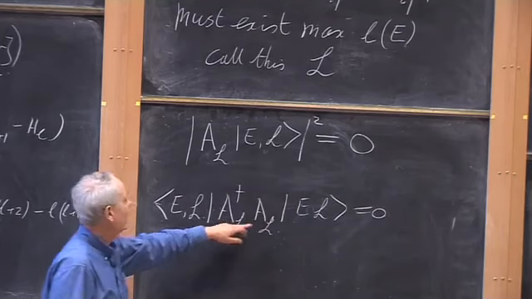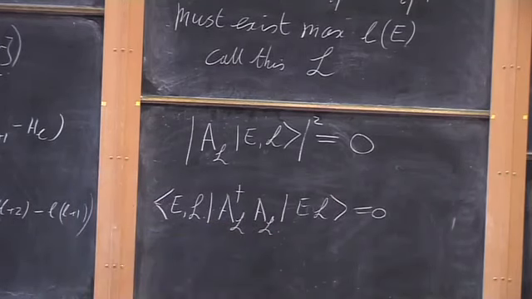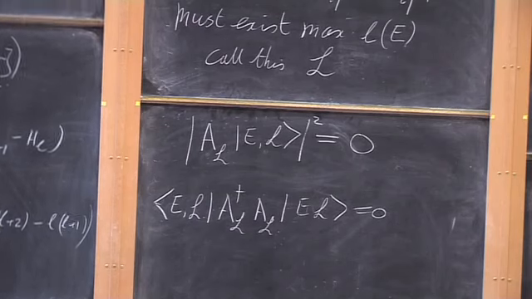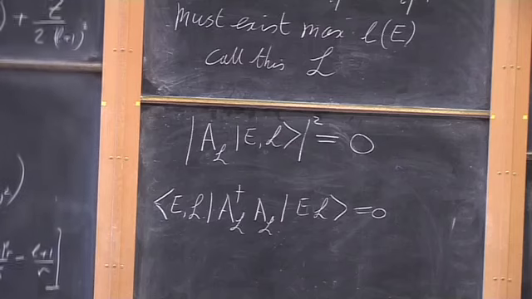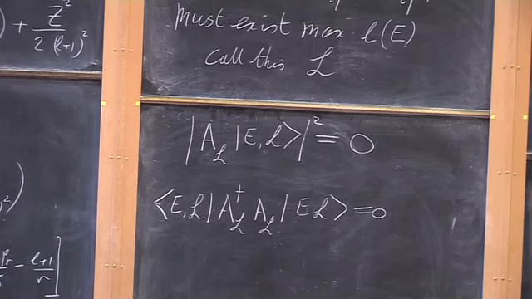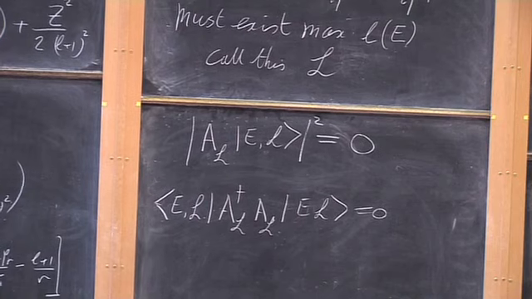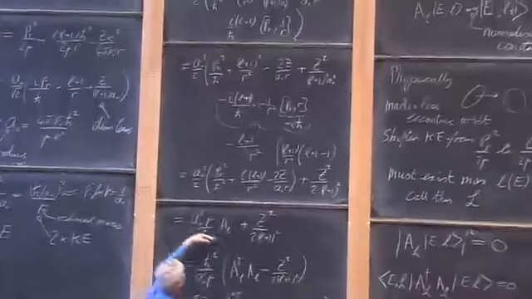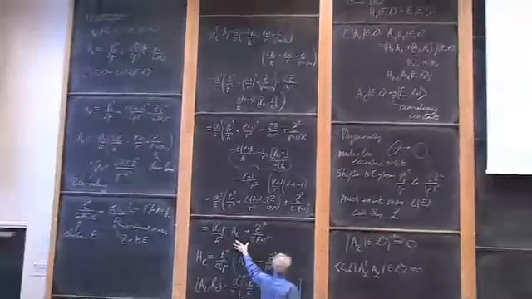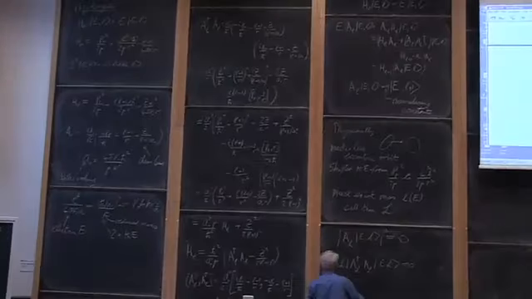Where have we seen A dagger A before? I think we must have seen it in the Hamiltonian. We need to replace that by the Hamiltonian times some horrible factors. So we already have it here. A dagger A comes right down to this line, so this line here can replace the A dagger A in here.